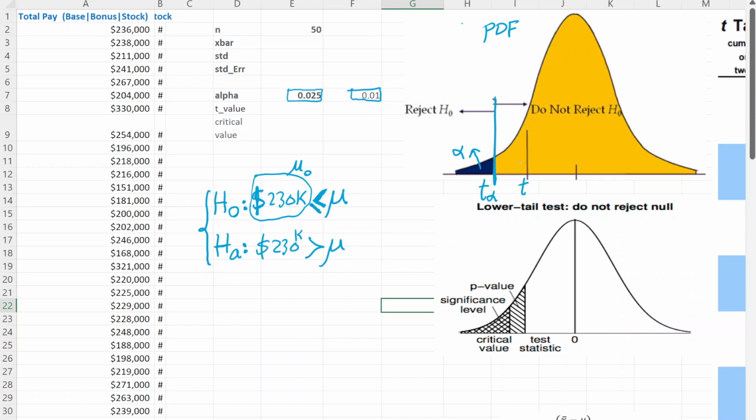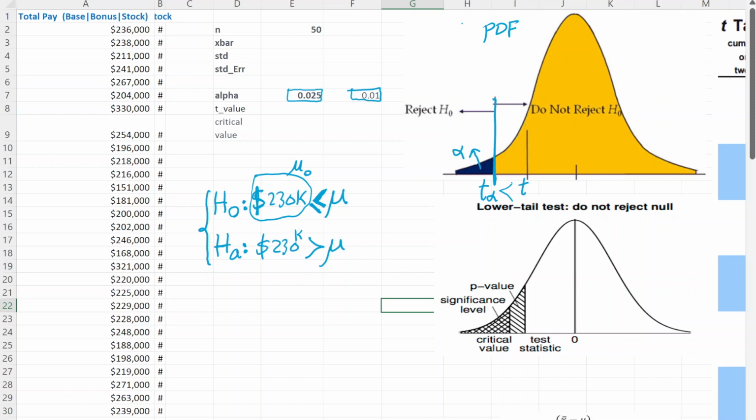If the T value is above this threshold, so T value greater than this T alpha, then we would say we are safe at the significance level presented here. There is not enough statistical evidence to reject the null.